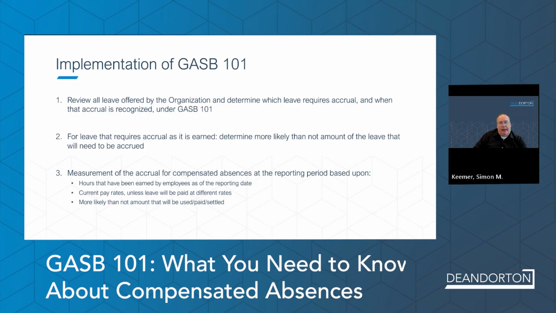We'll see a little bit later that there are three buckets that leave is going to fall into. Your compensated absences are going to fall into one of those three buckets. So the first step is to go through all of the leave policies, the compensated absences, and decide which bucket they fall into, because that's going to tell you whether it requires accrual or not, and when that accrual is recognized.